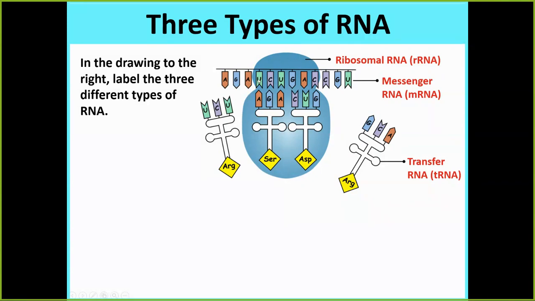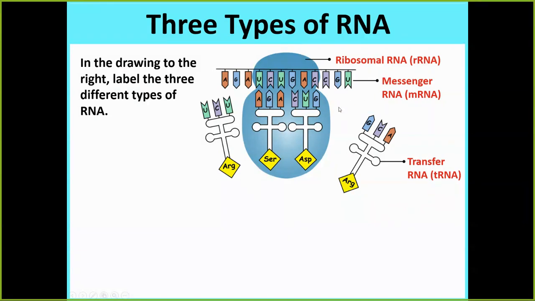You have a blob looking object that is the ribosomal RNA, also referred to as rRNA. You will have a single strand RNA that is the messenger RNA.